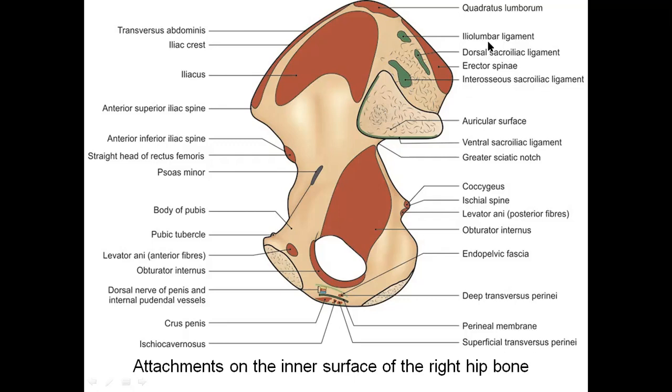Between the ilium bone and lumbar vertebrae, we find the iliolumbar ligament. Between the sacrum bone and this iliac bone, you call it the dorsal sacroiliac ligament, and this is the interosseous sacroiliac ligament. All these ligaments are holding the sacrum bone in contact with the hip bone.